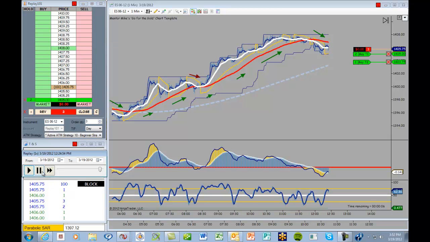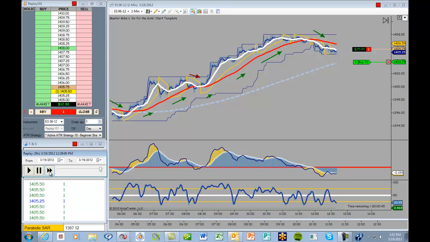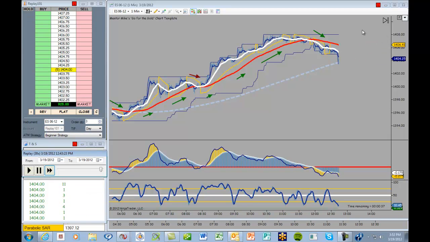Okay. Oh, hit both targets before I could even move the stop.